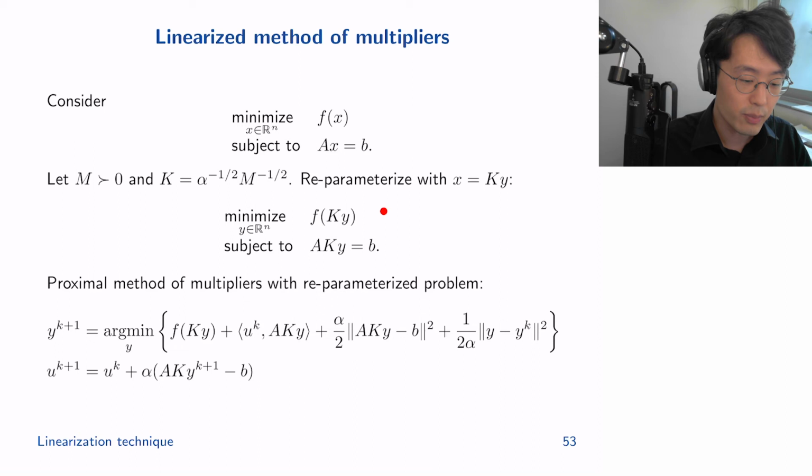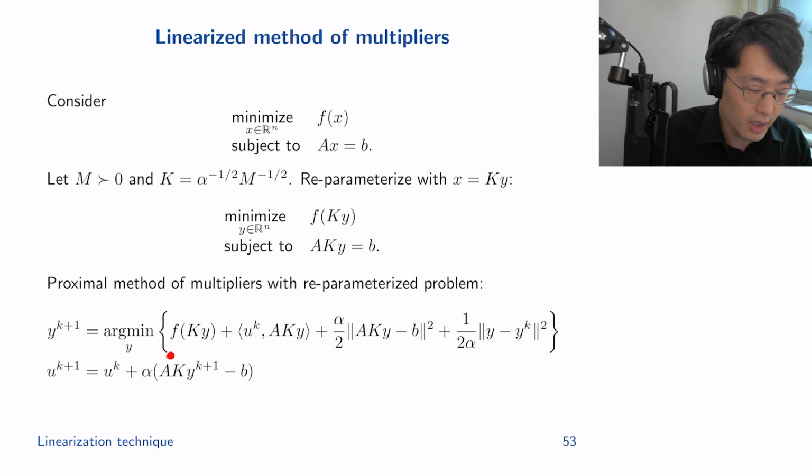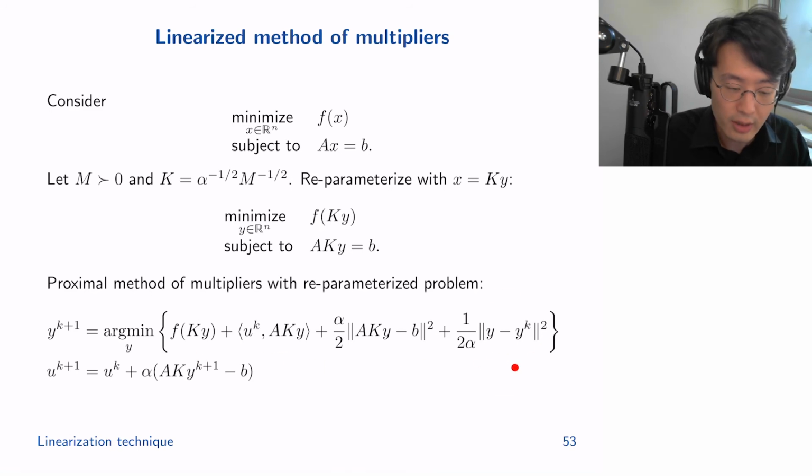So now we apply the proximal method of multipliers to this reparameterized problem. The proximal method of multipliers, remember, involves minimizing the augmented Lagrangian. So this is the augmented Lagrangian of the reparameterized problem with a quadratic proximal term.